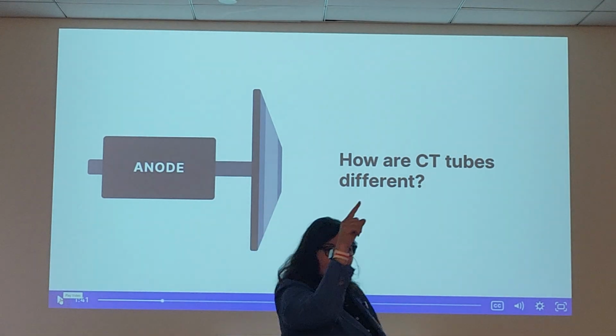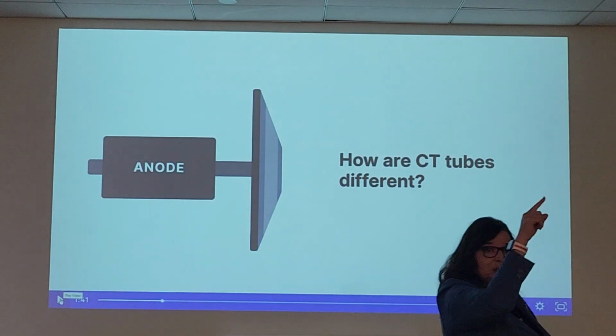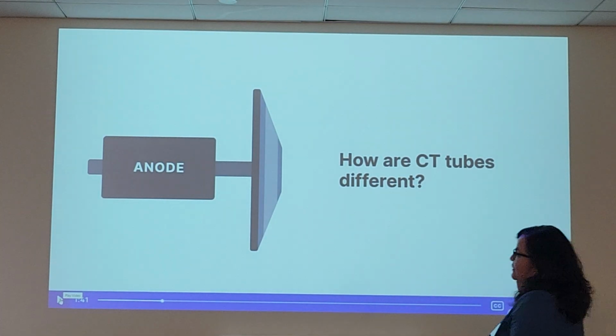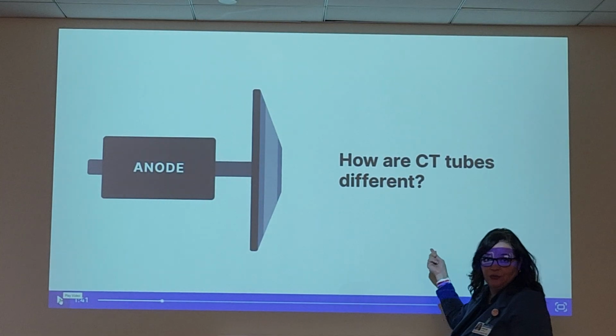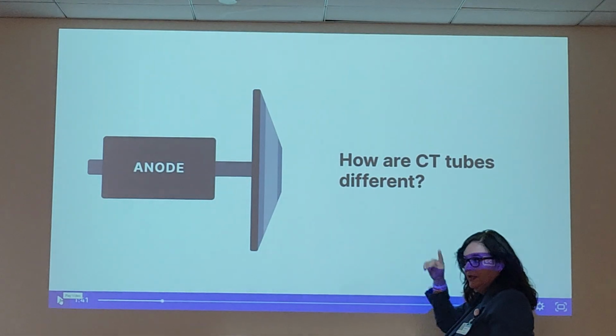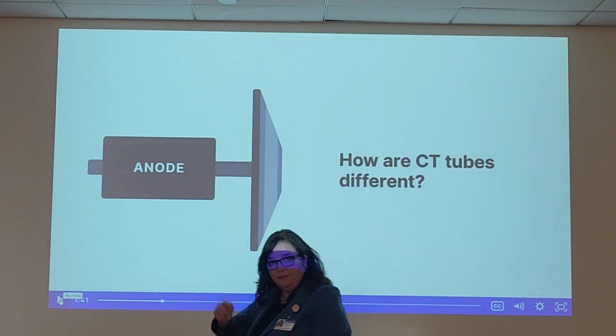Because it's a continuous scan, helical or spiral scan around the patient. It has to go all the way around them for whatever your scanning region is, and it is going to produce that much x-rays. So the difference between an x-ray tube and a CT x-ray tube, a static versus a continuous CT, is the continuous scanning time.